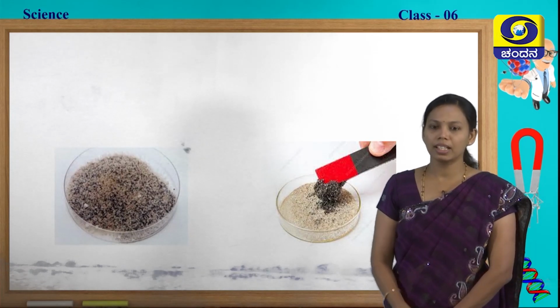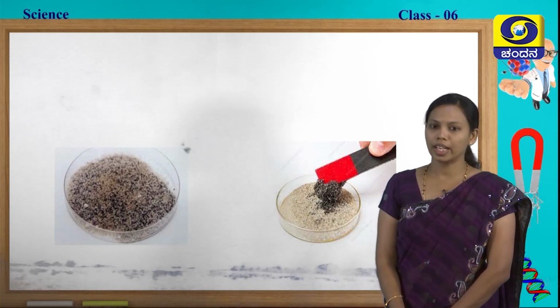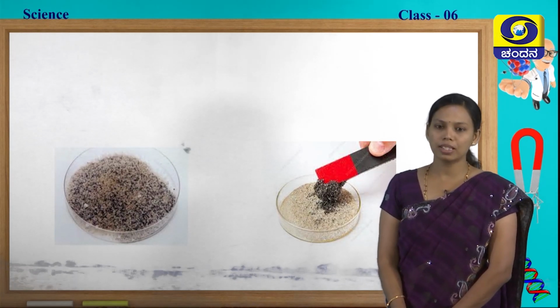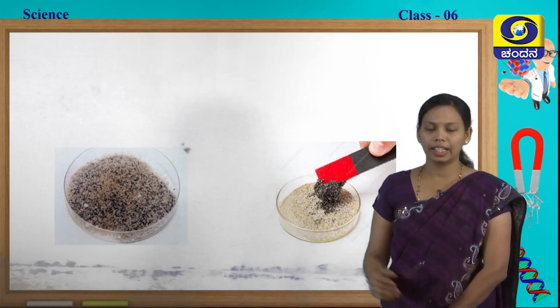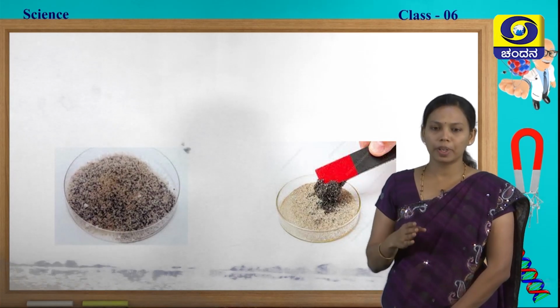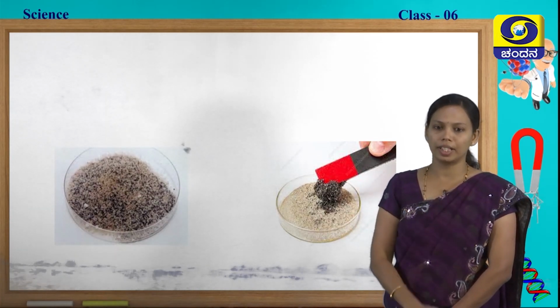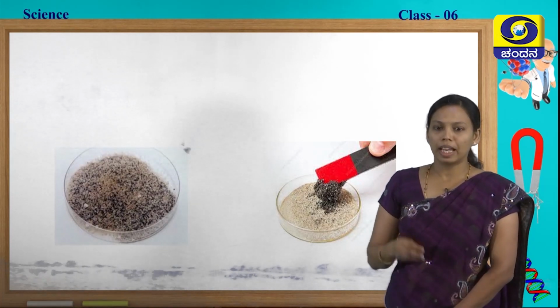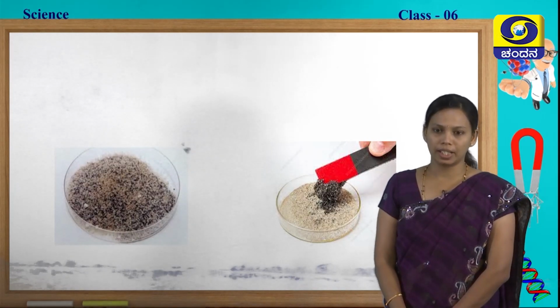Threshing is nothing but separating the grains from the stalks. Usually it is done by farmers after harvesting. After that, it comes winnowing. In winnowing, we separate the lighter components as well as the heavier components. So, by blowing air, we separate different components.